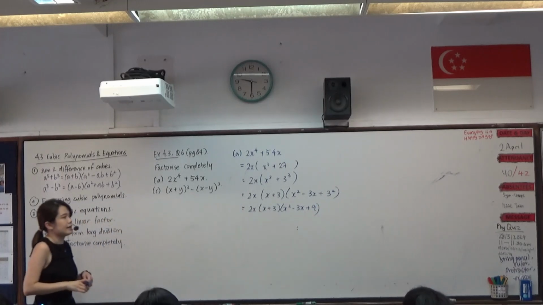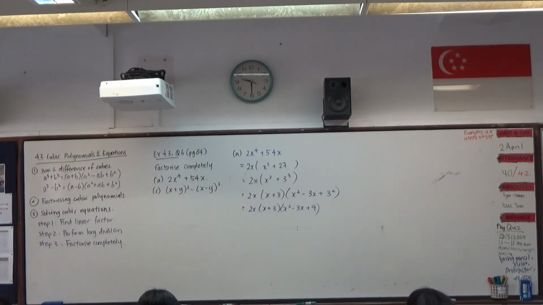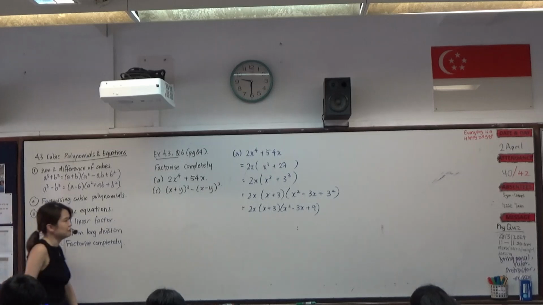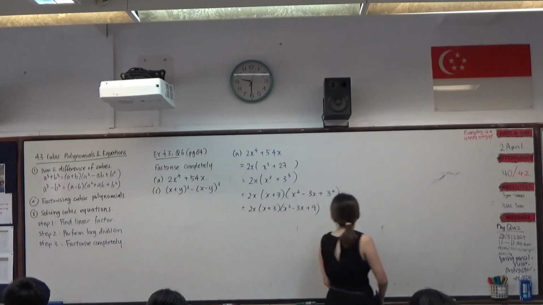So we get this as the answer. Can we further factorize it? No, because if it could be further factorized, then over here, your formula for the sum of cubes could be further factorized.